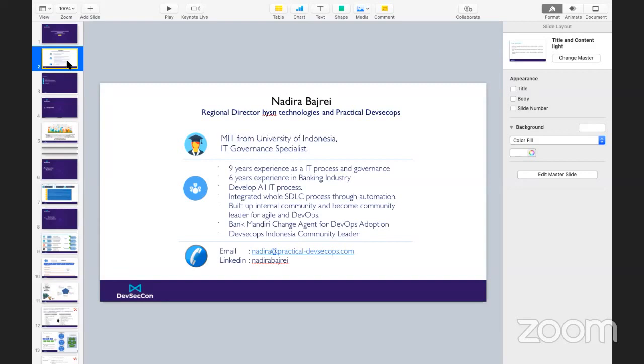I have 9 years of experience in IT governance, process and governance, and also 6 years of experience in the banking industry. I graduated from a university in Indonesia as an MIT and IT governance specialist. Besides that, I love the community and the people. I built up an internal community of practice and became its community leader.